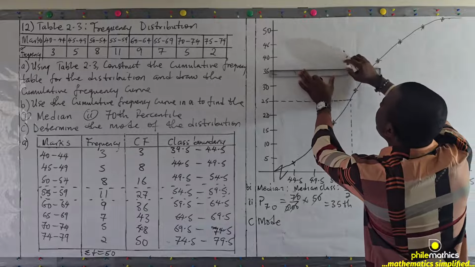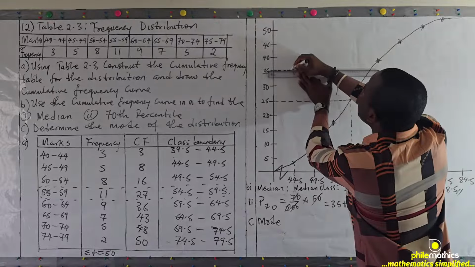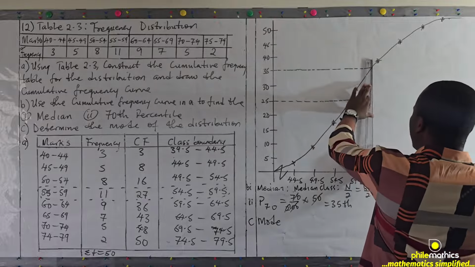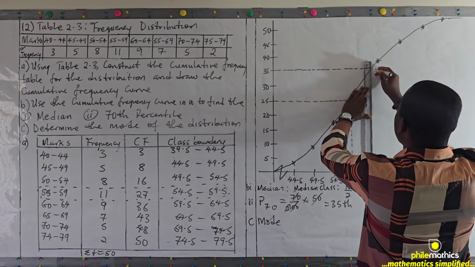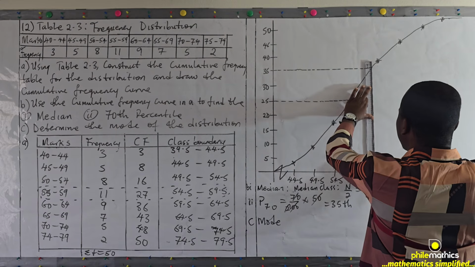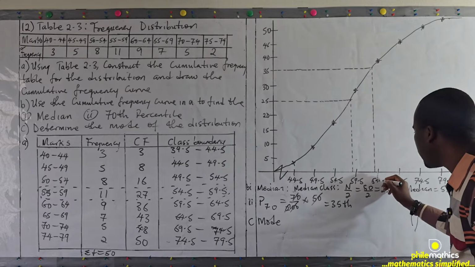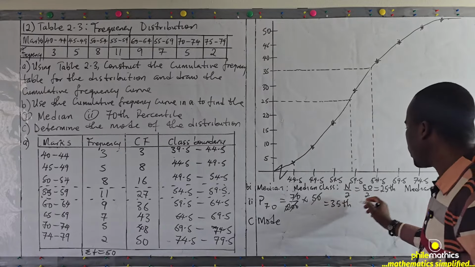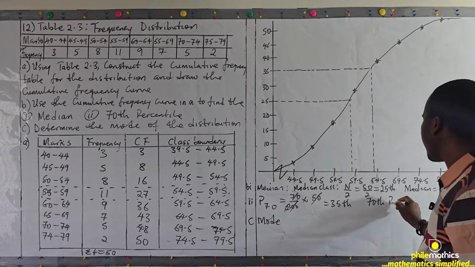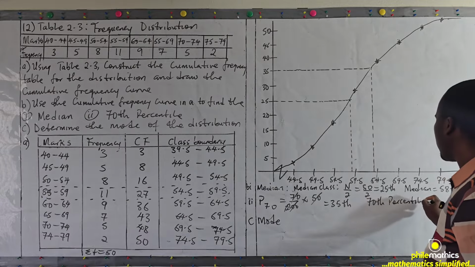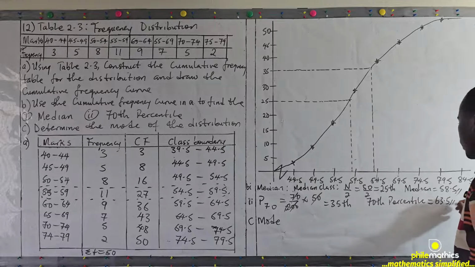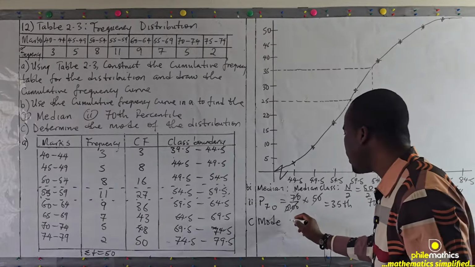This is 35th. We sketch, and then we connect to the x. So the 70th percentile is like 63.5.